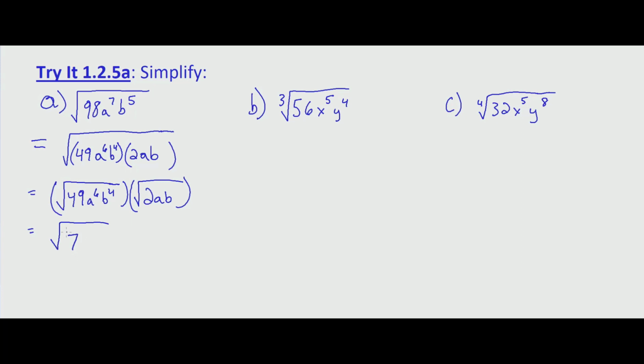So the square root of 49 is 7, the square root of a to the 6th is a cubed, square root of b to the 4th is b squared. That's all being squared. And again, we still have the square root of 2ab.